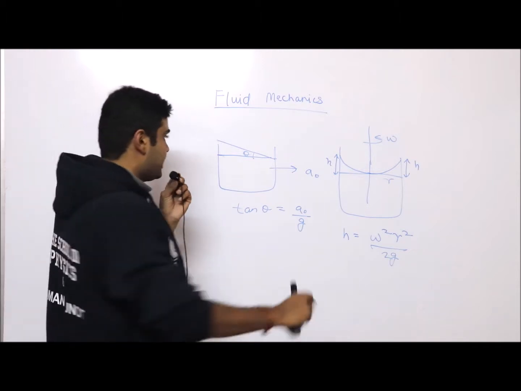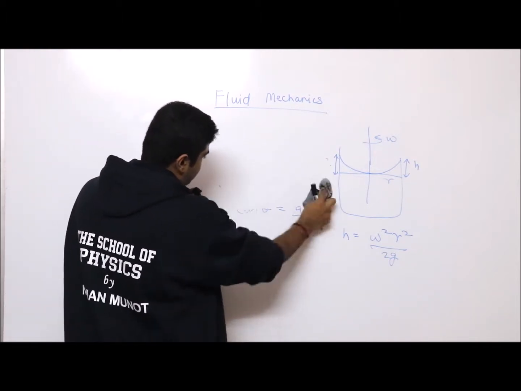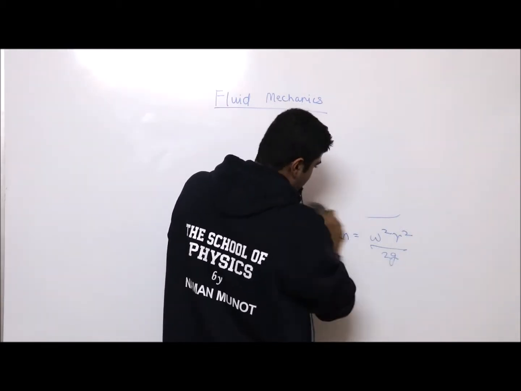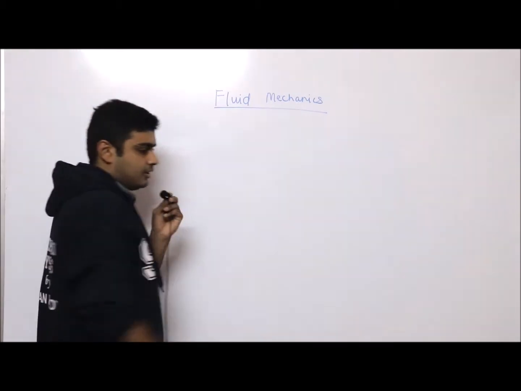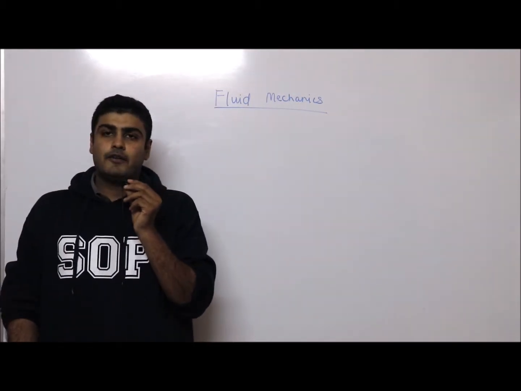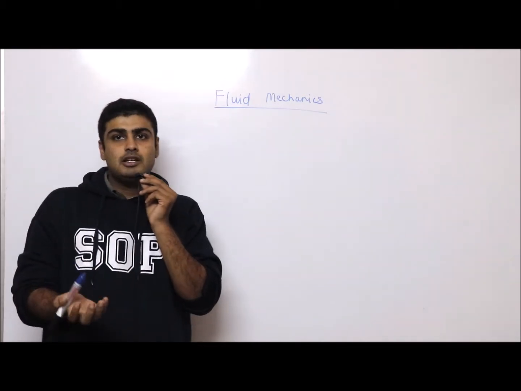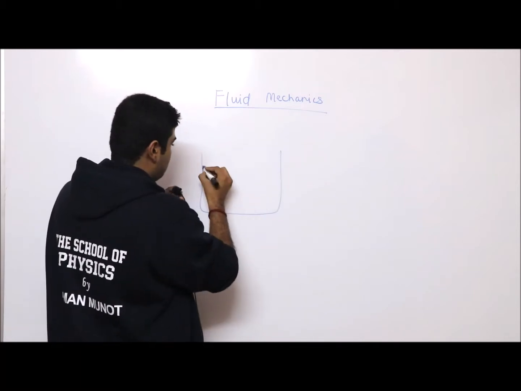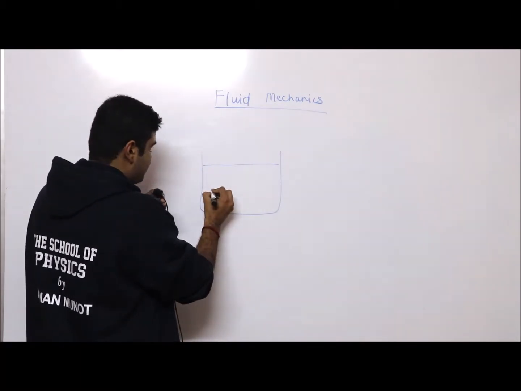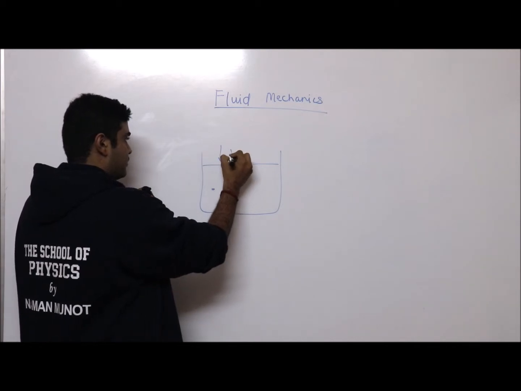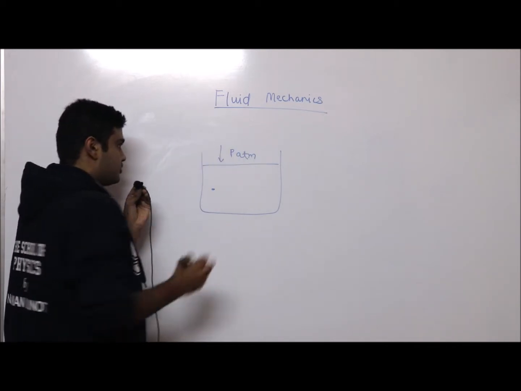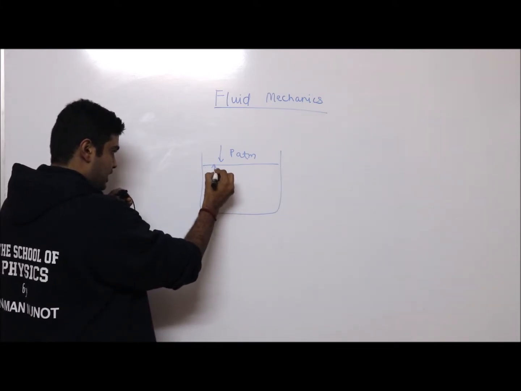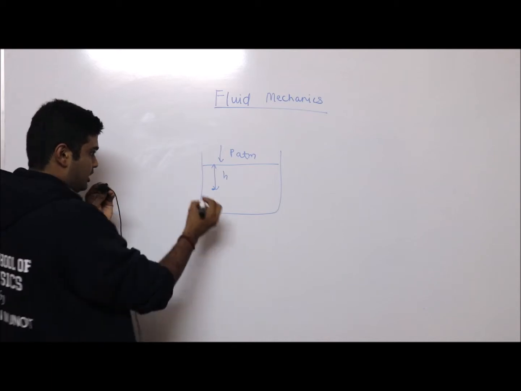Okay, let's move to the next case. What is hydraulic pressure? Hydraulic pressure is rho gh, where rho is the density, g is the acceleration due to gravity, and h is the height from the surface. So we have a fluid here, and this is the pressure by the atmosphere. Now suppose we have a height h1 here.